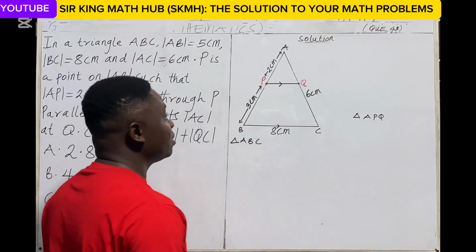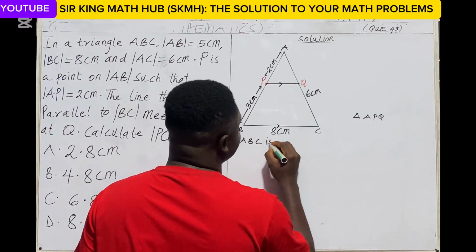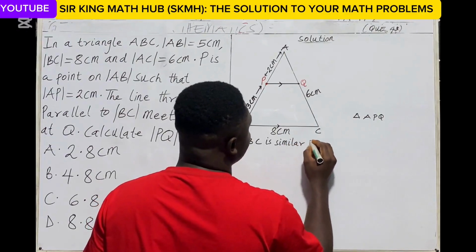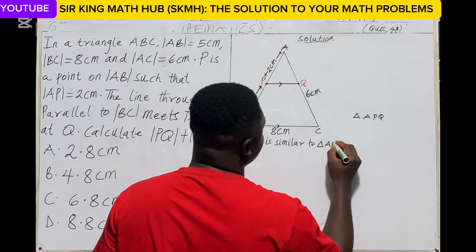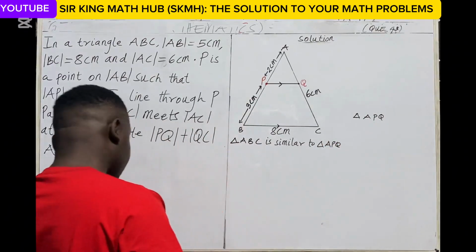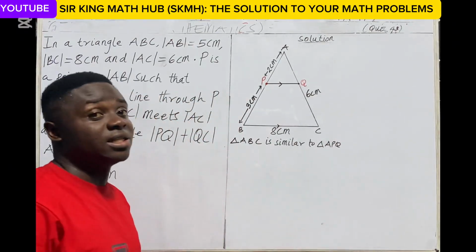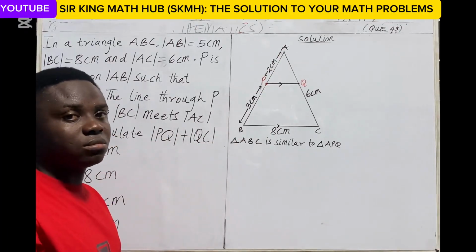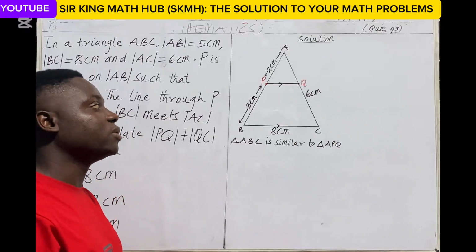So we can say that triangle ABC, that is the bigger triangle, is similar to the smaller triangle, which is triangle APQ. And because these two triangles are similar, it means that the ratio of their corresponding sides must be equal.